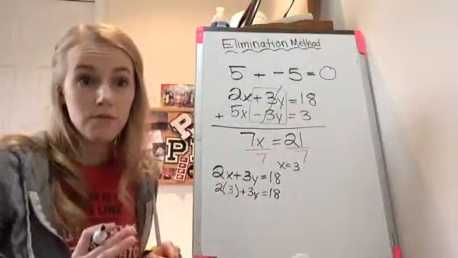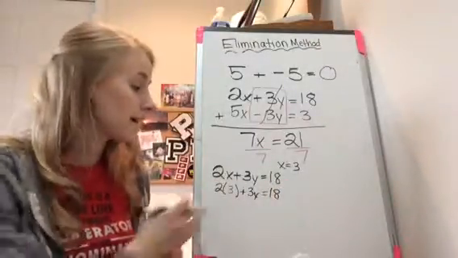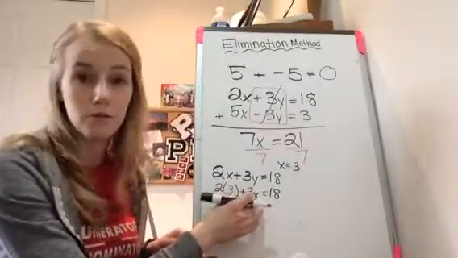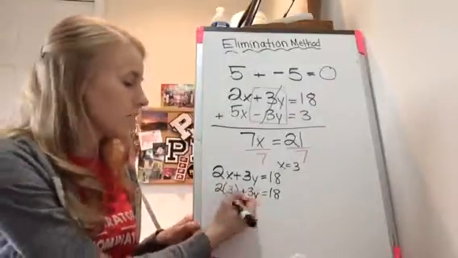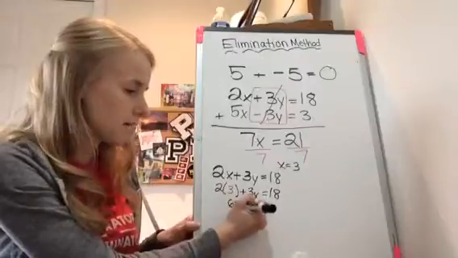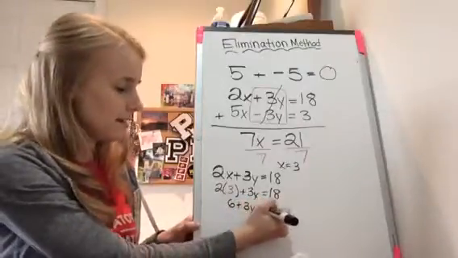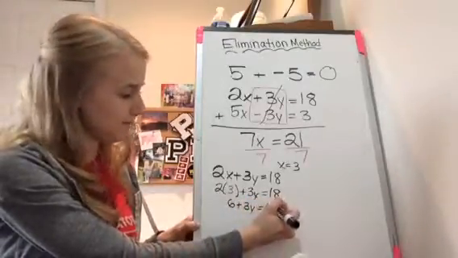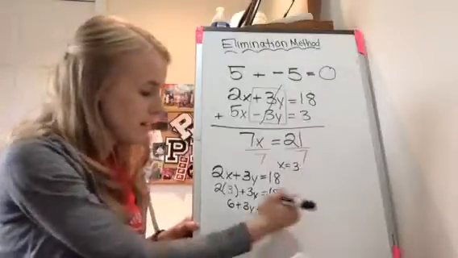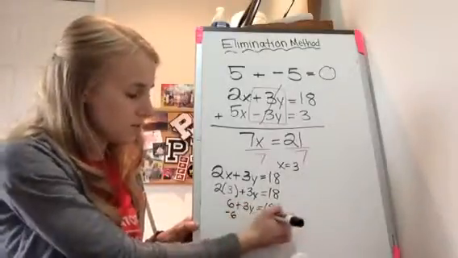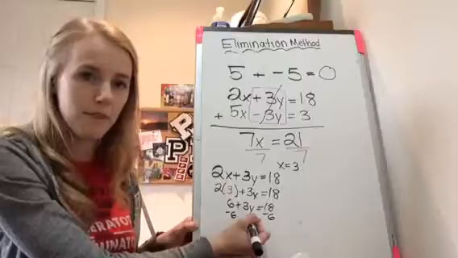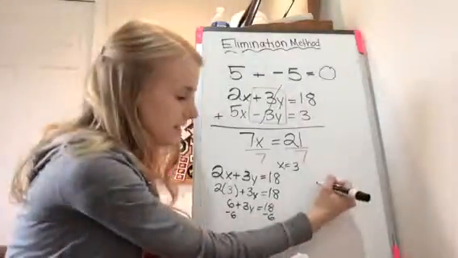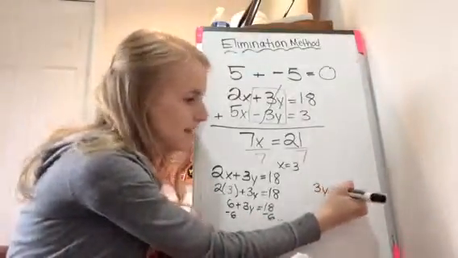This is helpful because when I do this, I can see that I'm only working with one variable now. We end up with 6 plus 3y equals 18.